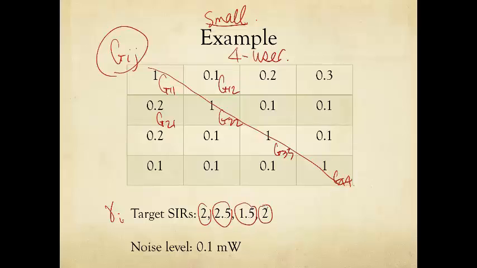It turns out this set of gamma target SIRs is indeed achievable. And remember, the gammas are unitless numbers because it's a ratio. And then the noise levels, the Ni's, are all equal to 0.1 in units of milliwatts. So that's the set of constants.